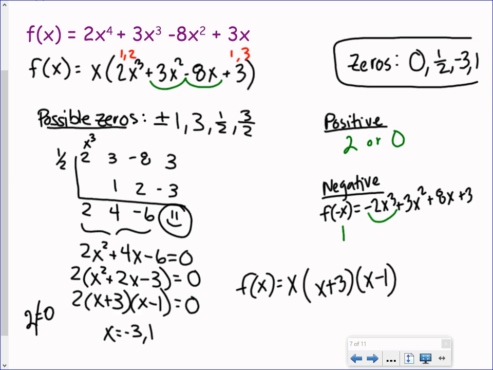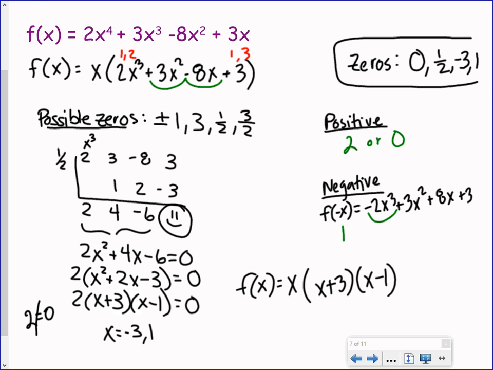I can pull those out from the factors that I had before, or from my zeros. And then here's the issue with 1/2. You could write it as x minus 1/2, but then in order to be the original function and have a leading coefficient of 2, you would need an extra factor of 2 out there.